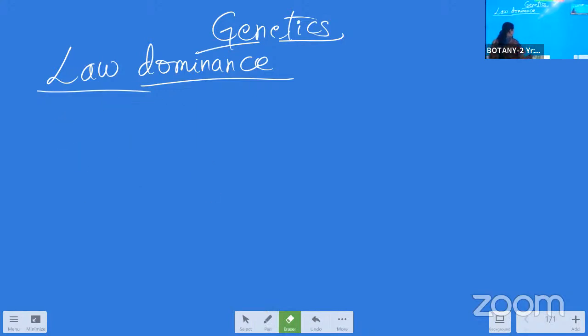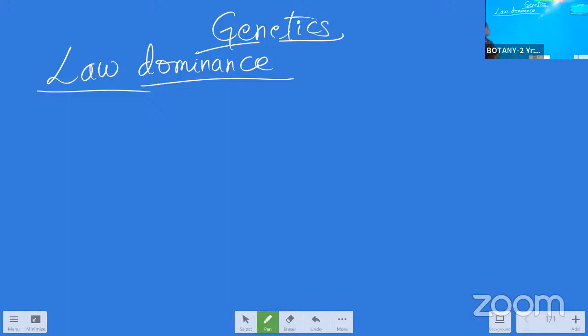Now, how to express this dominant one? Mendel took 7 contrasting characters in the pea plant. Among those 7 characters, which one is the easiest for us to represent here?